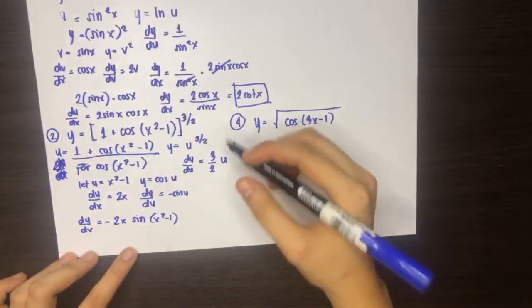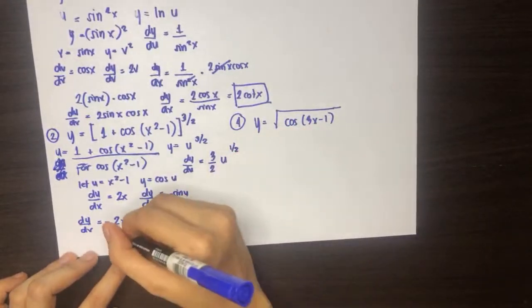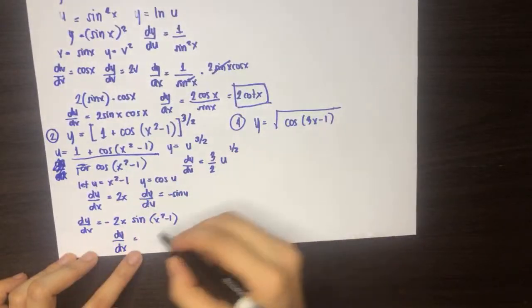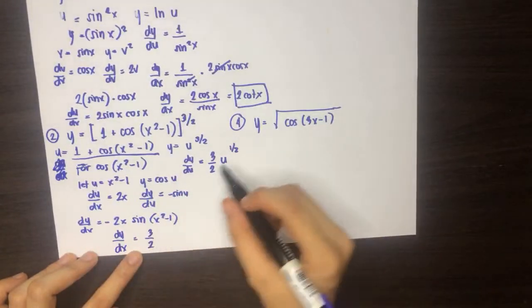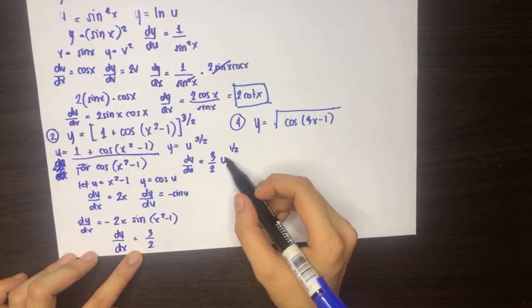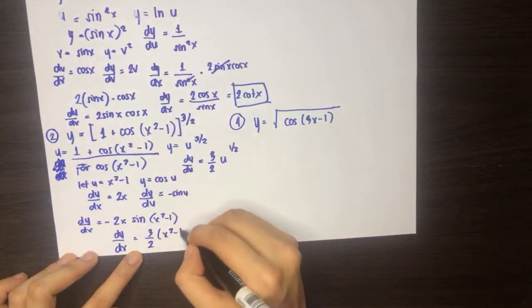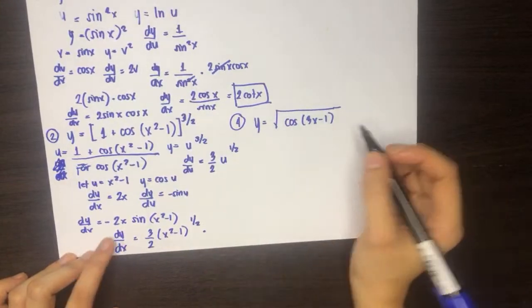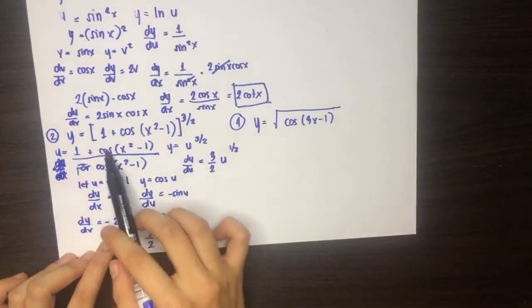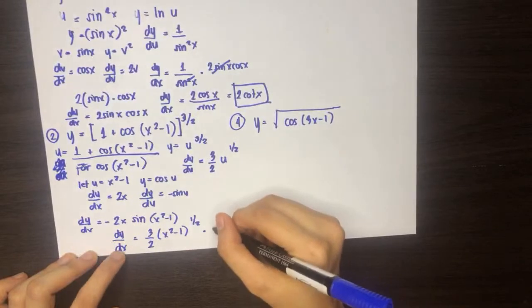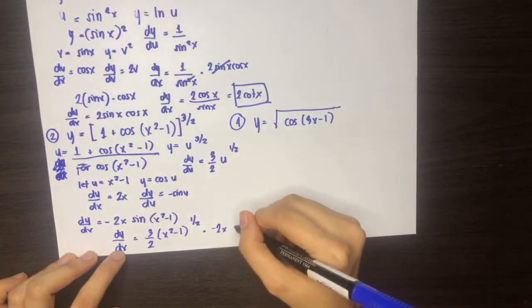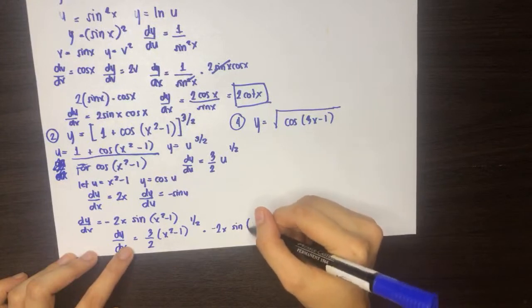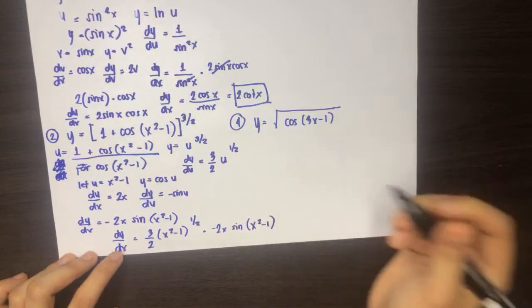And then, substituting dun sa ating formula, we have 3 over 2 u raised to 1 half. U is x squared minus 1 raised to 1 half times, ito, derivative ni u kanina is ito, negative 2x sine of x squared minus 1.